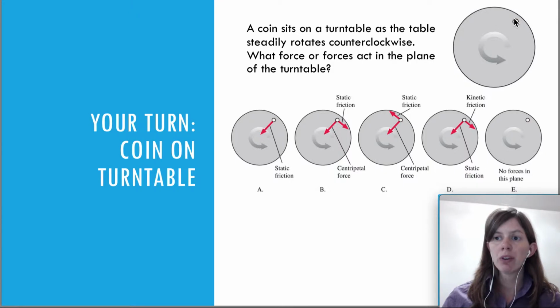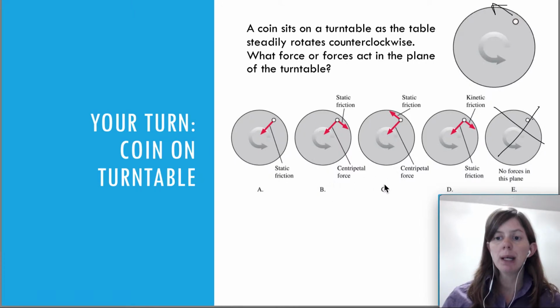If there were no forces causing the coin to go in a circle, the coin would just go straight off, just like the puck. So if it goes in a circle, there must be at least one force that's pointing toward the center. So we can get rid of choice E. There has to be a force if you're moving in a circle. So which force is it?